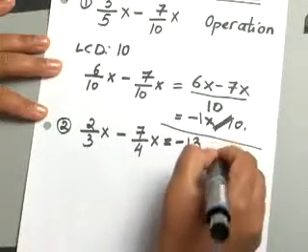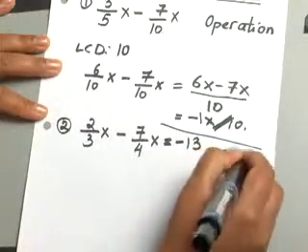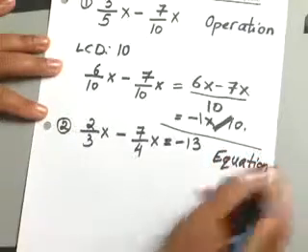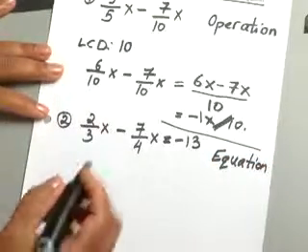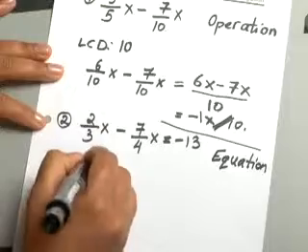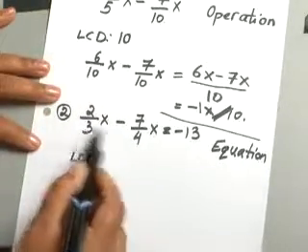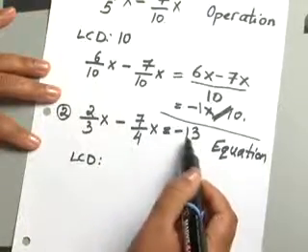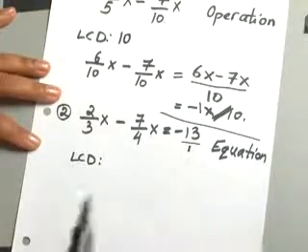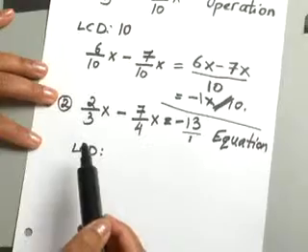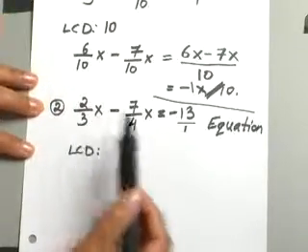So this is an equation, and just like we did earlier, we will first go ahead and find our least common denominator. Now you have denominators 3, 4, and if you want, you can think of this as having the denominator of 1. So your denominators are 3, 4, and 1.